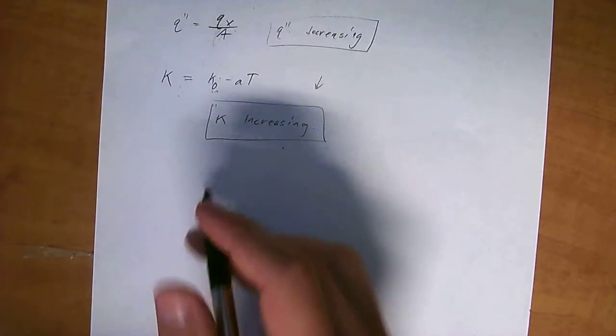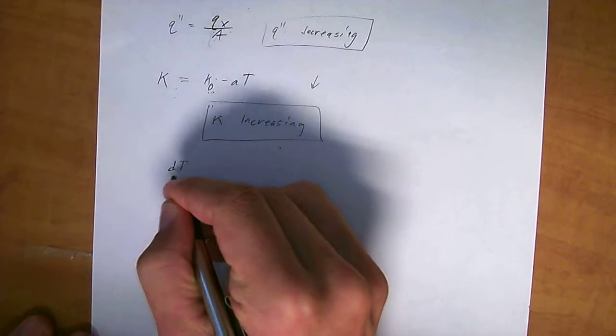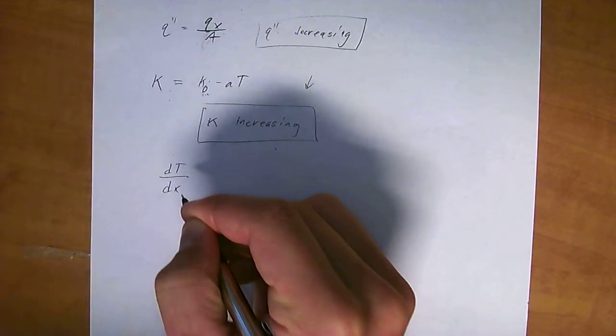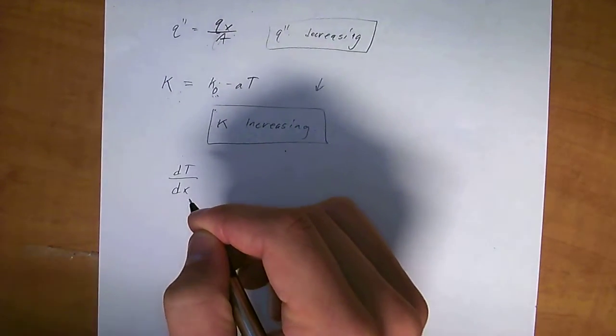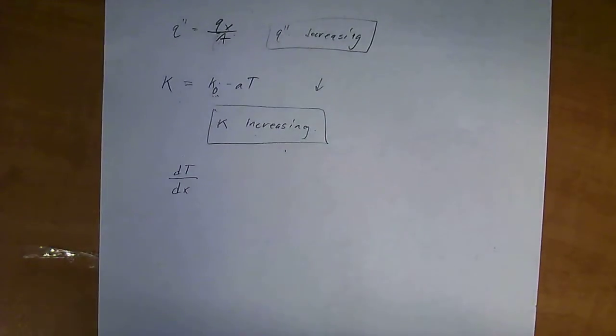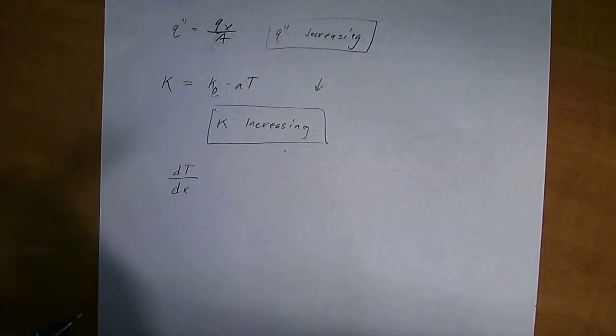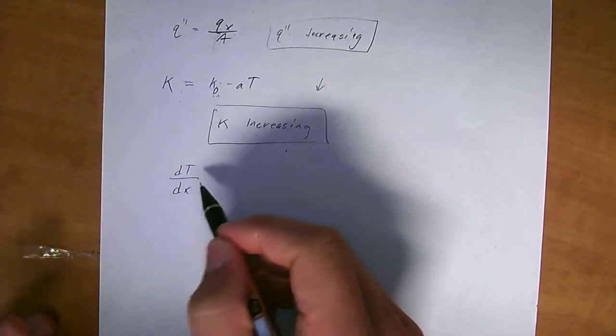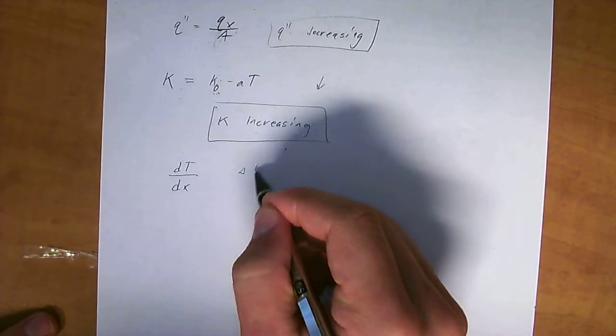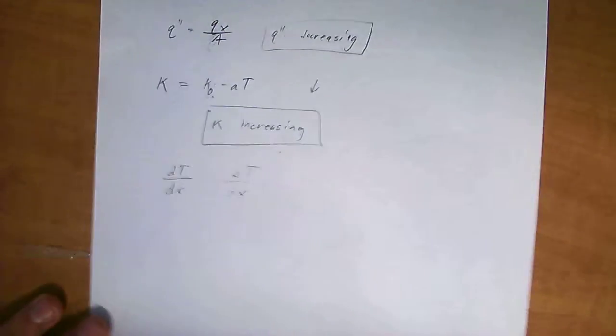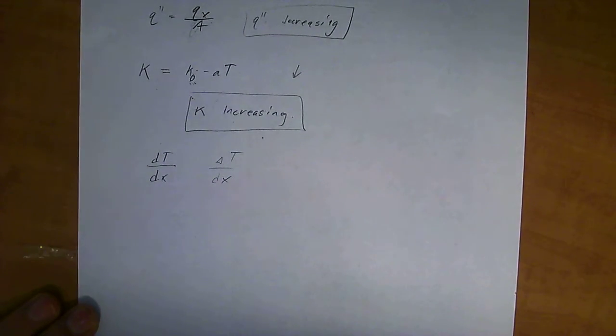And for the final part, we need to find out what dT over dx is doing. This is actually pretty easy because you have a delta T over delta x.